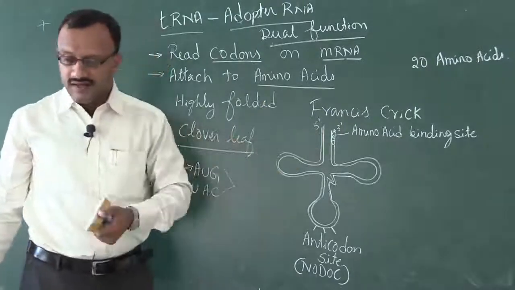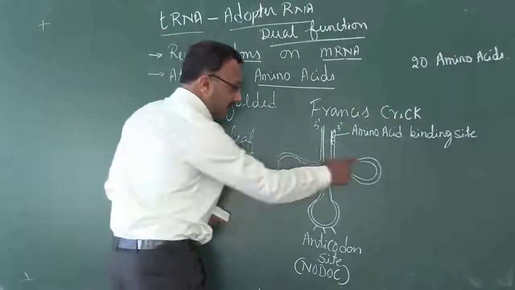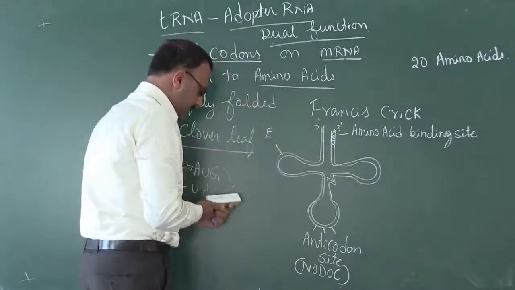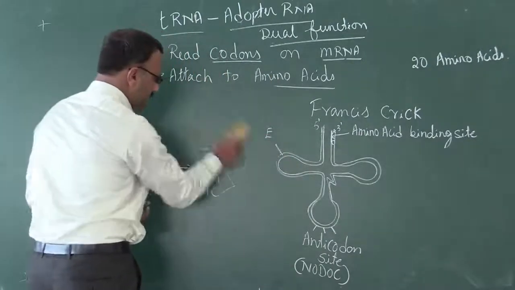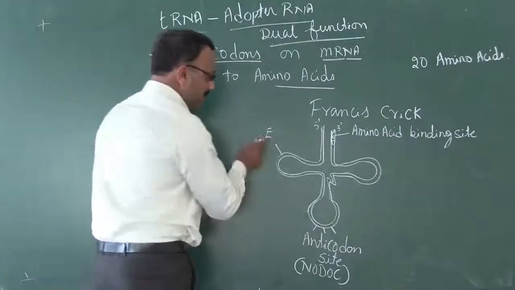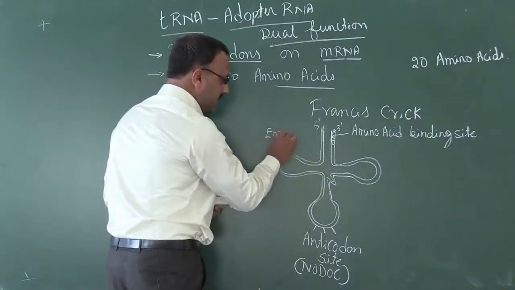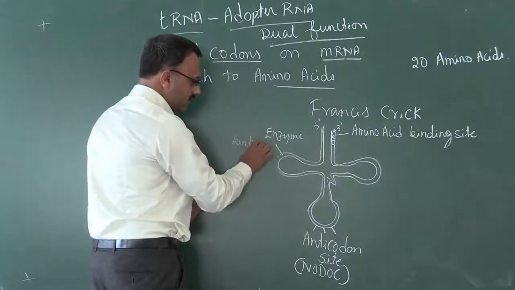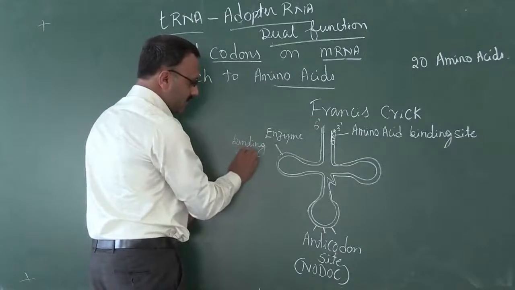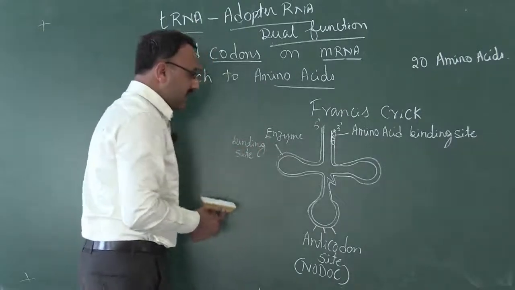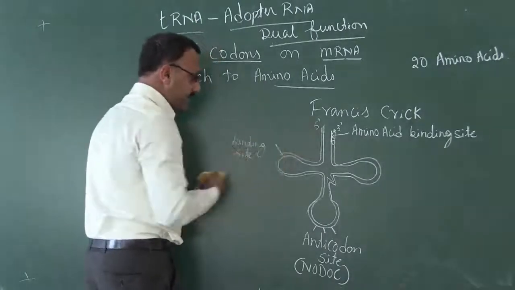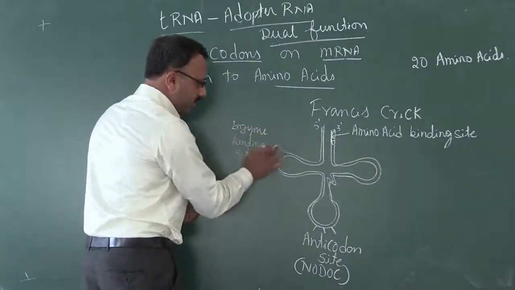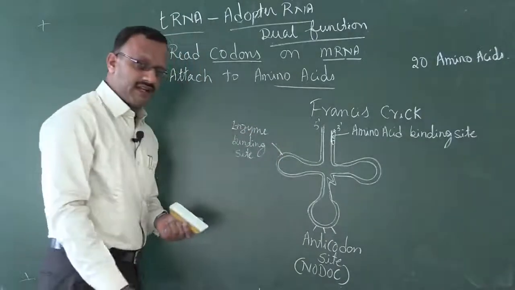Apart from that, it has two arms. One end is called the enzyme binding site.